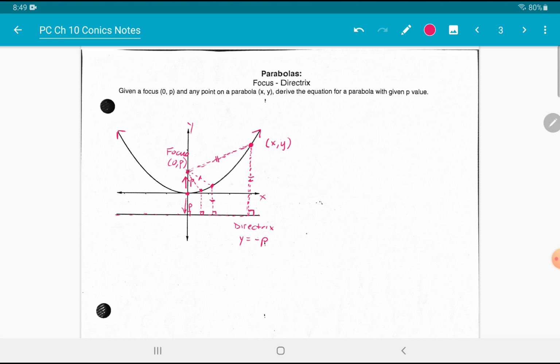Now, one thing that you maybe will see here, hopefully you'll see this, is that you can actually draw a horizontal line and develop a right triangle here. Okay, so we actually have parts of right triangles. We can use characteristics of right triangles to represent this distance.